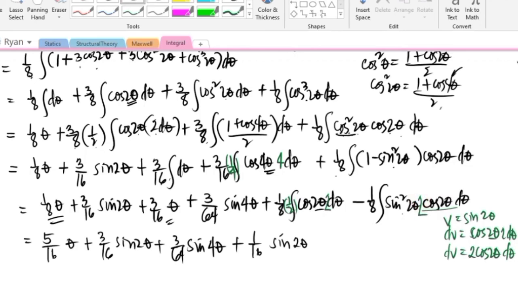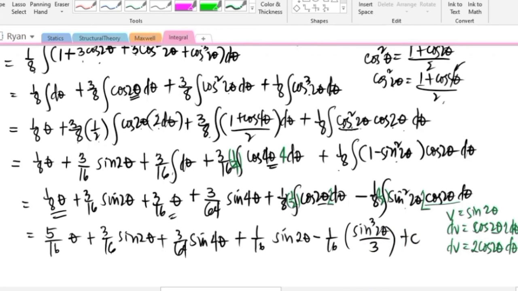So we multiply 2 here and we multiply 1/2 dito sa labas. So that's 1/8 times 1 over 2, so it's 1 over 16. Since derivative niya na yung katabi niya, n plus 1 over n plus 1, so that would give you sine cube of 2 theta over 3 plus c.